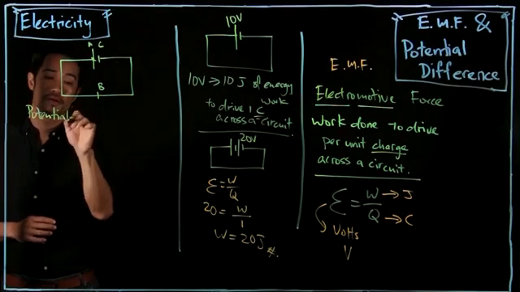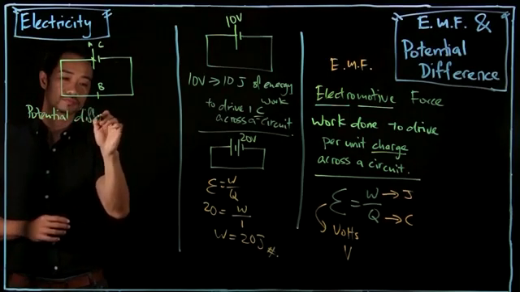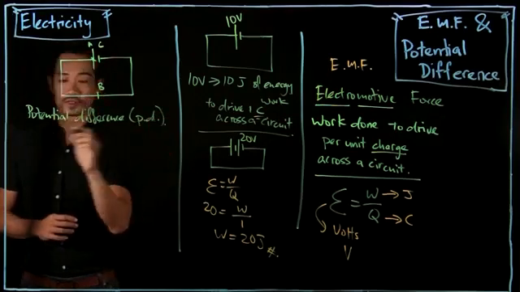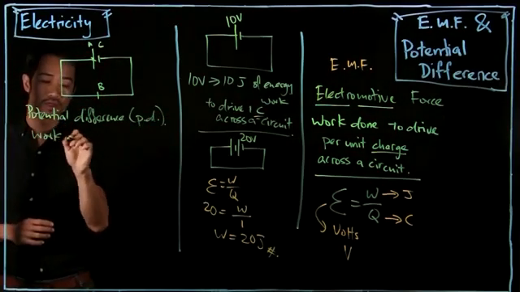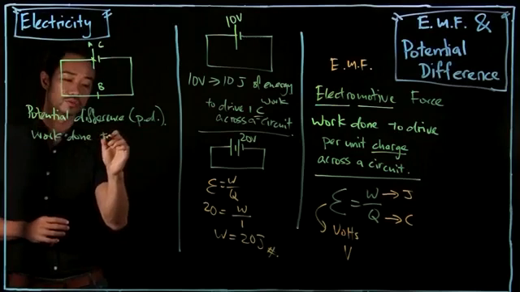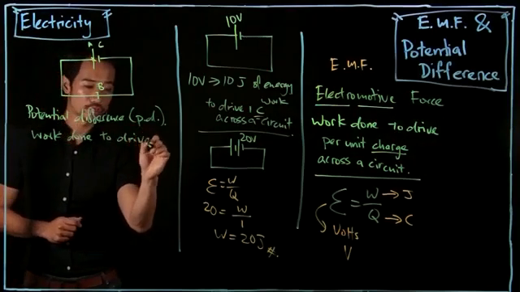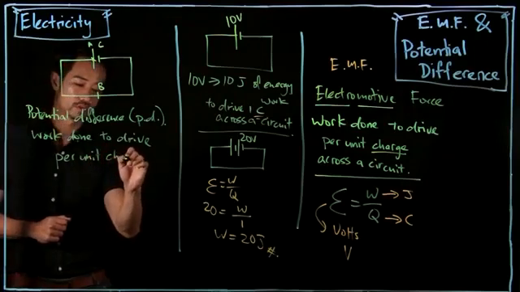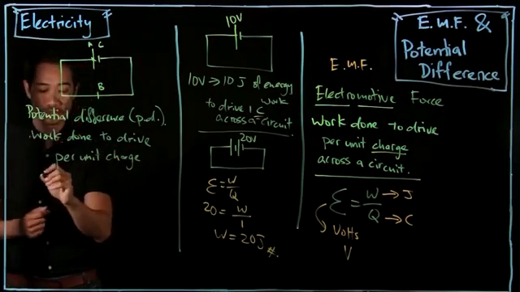Potential difference, or in short, PD, is the work done to drive per unit charge across where?